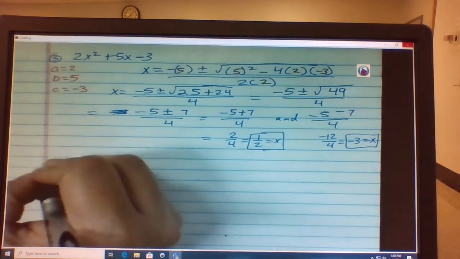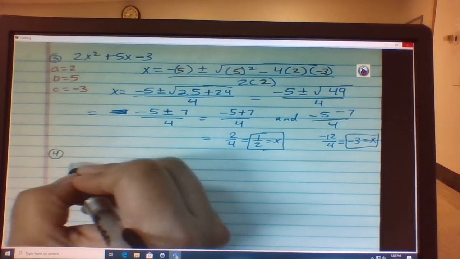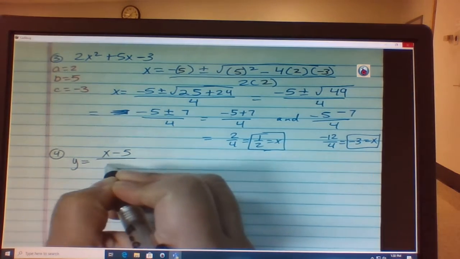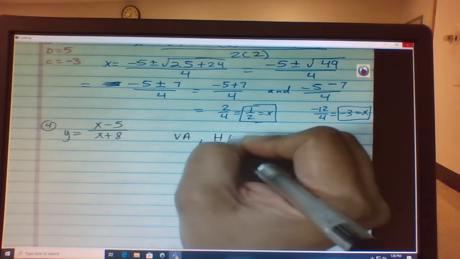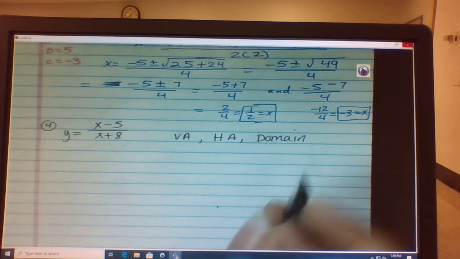All right, we're 3 questions from finishing. And this is what we covered today. So if you get y equals x minus 5 over x plus 8, we're looking for the vertical asymptote, horizontal asymptote, and the domain. All 3 things.